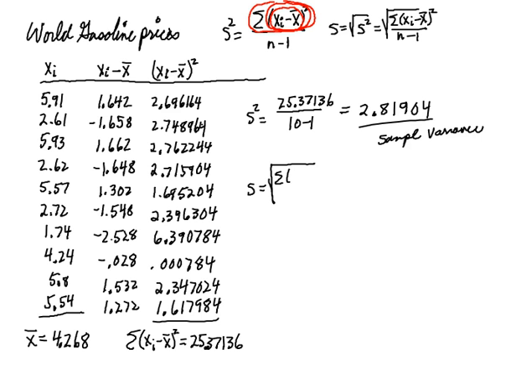So I'm just going to go ahead and repeat the formula here. The sum of the square differences, which we've already calculated, divided by the sample size minus 1.